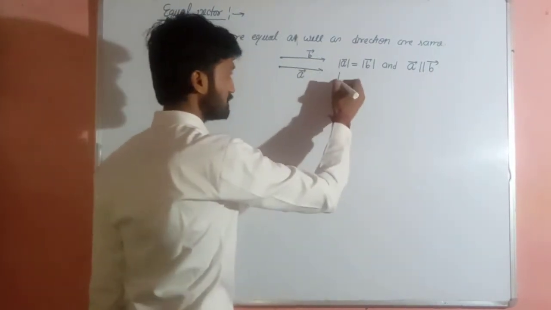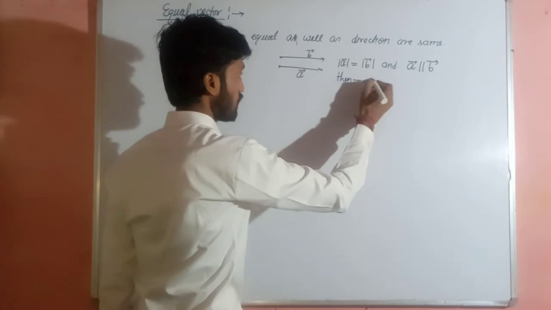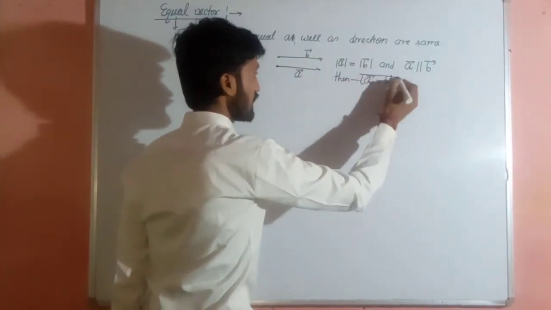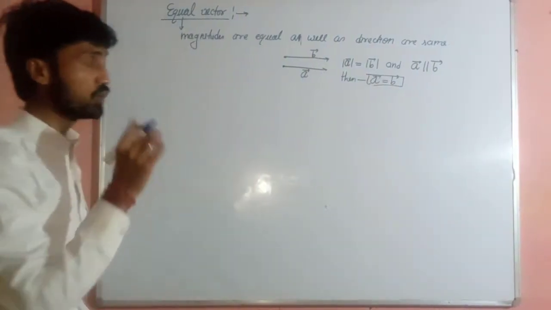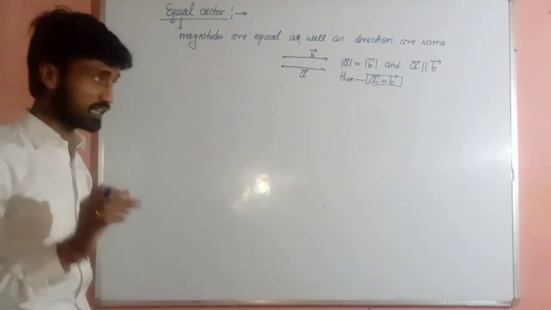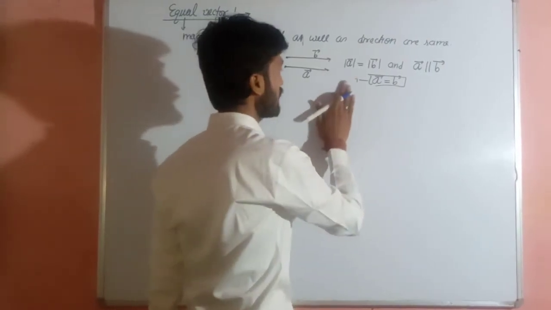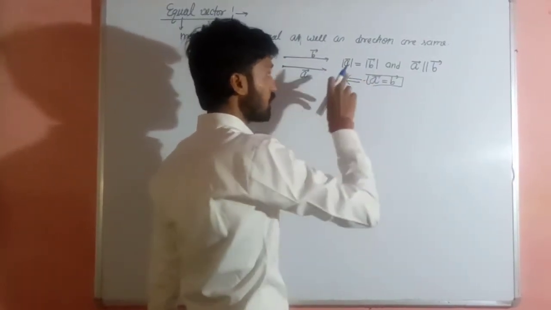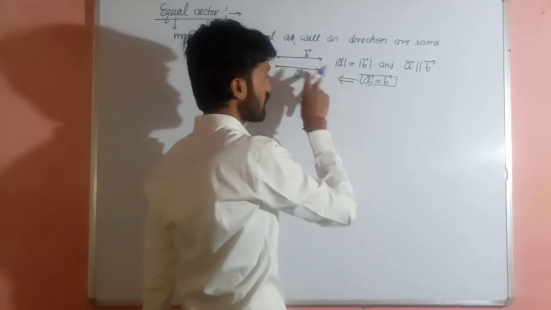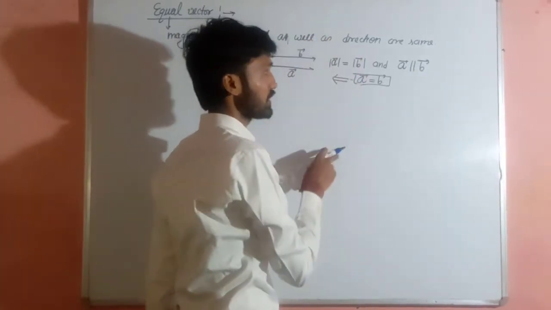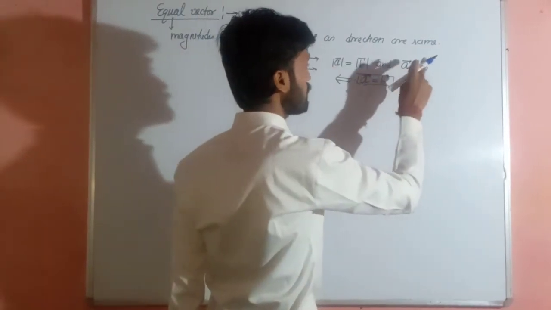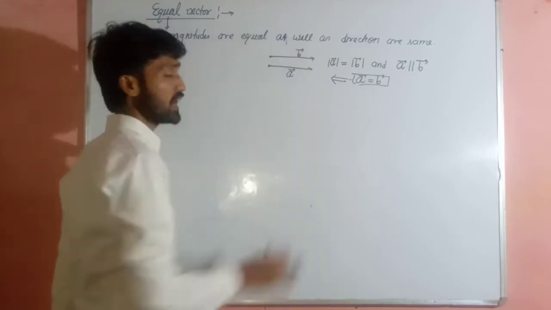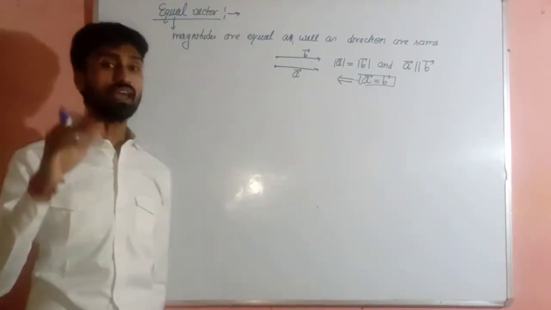Okay, then vector A will be equal to vector B. If any two vectors are equal, then it implies that mode of vector A will be equal to mode of vector B, and vector A will be parallel to vector B. That means both lines are parallel and equal in length.